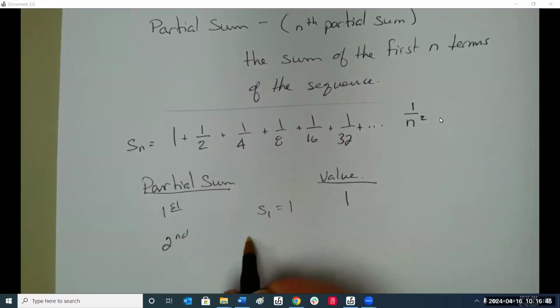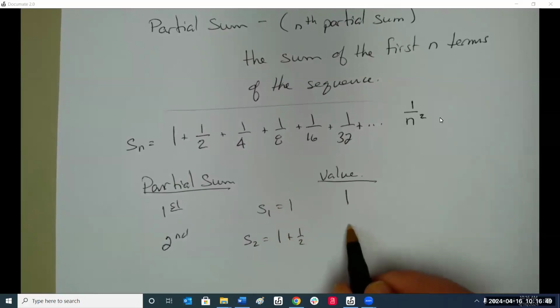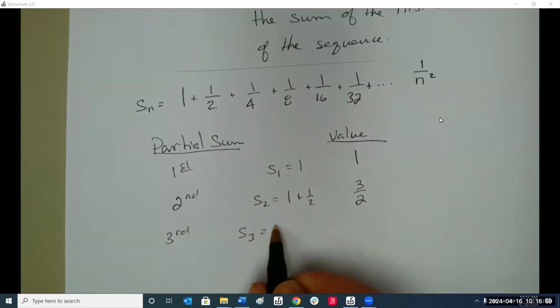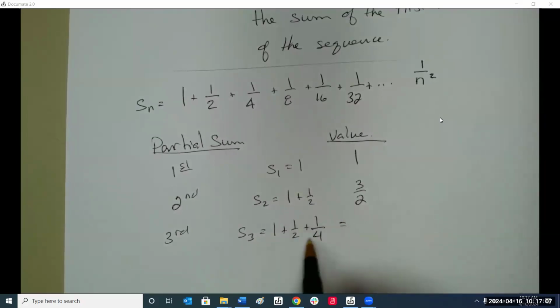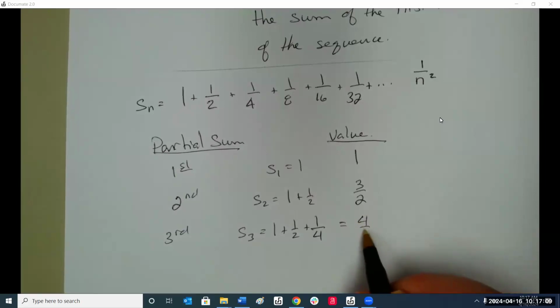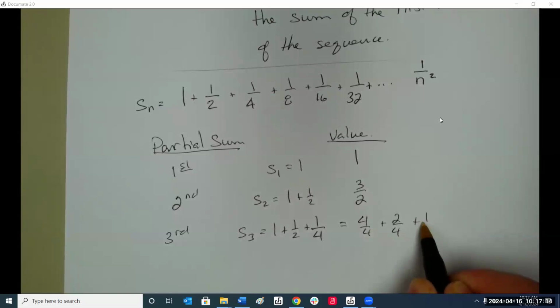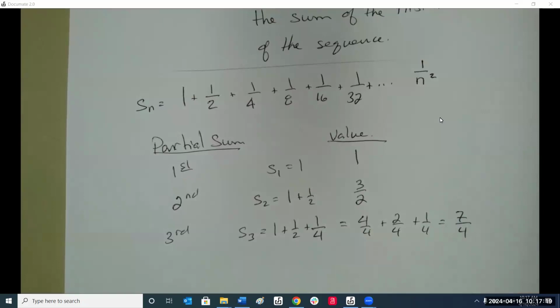The second partial sum is the first two terms, 1 plus 1/2, which is 3/2. The third is the first three, so the common denominator is going to be 4. It's 4/4 plus 2/4 plus 1/4, which is 7/4.